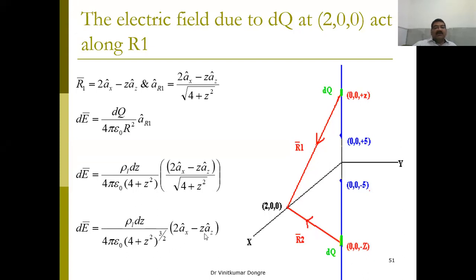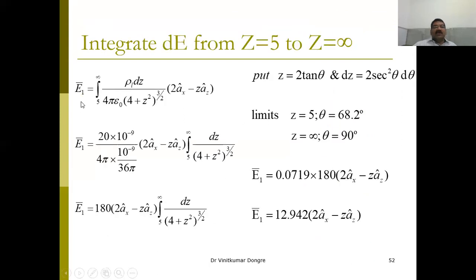So we will go for the first line charge, then the second one. E1 by this formula is this, putting in the value. Here only the dz is there. Now the same way you can solve the problem as we solved the derivation. Put z equals 2 tan theta and dz equals 2 sec square theta d theta.